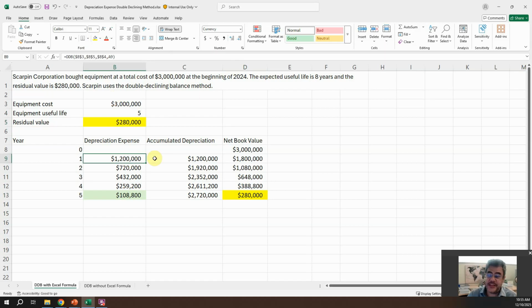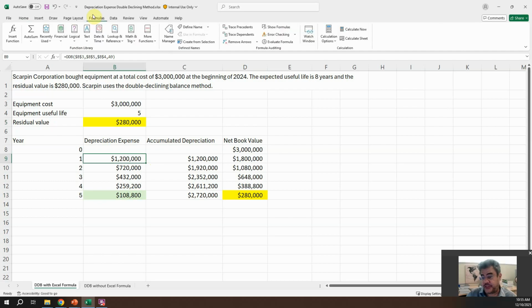Only use the DDB formula. If you go on Formulas, it is very self-explanatory. So here you can go, only remember to add the dollar sign or currency sign, depending on how you call it in your country, to fix the cost, residual value, and useful life. Easy, huh?